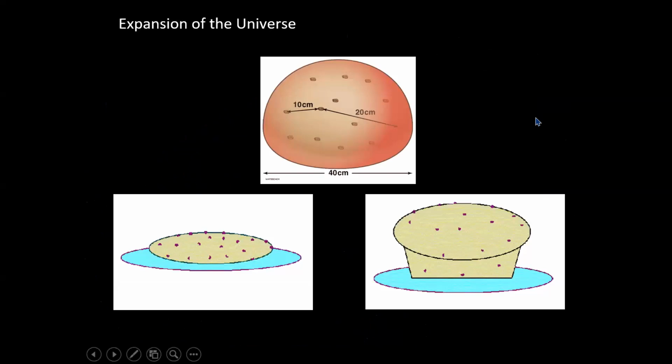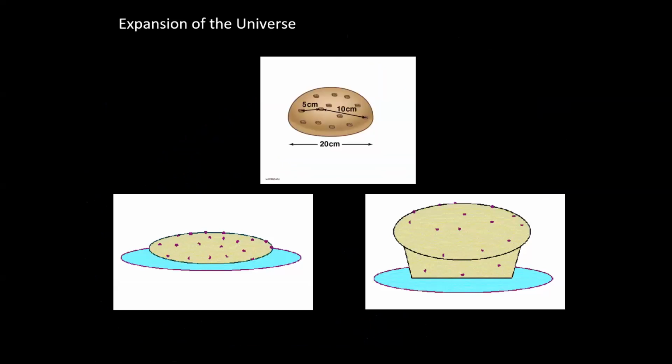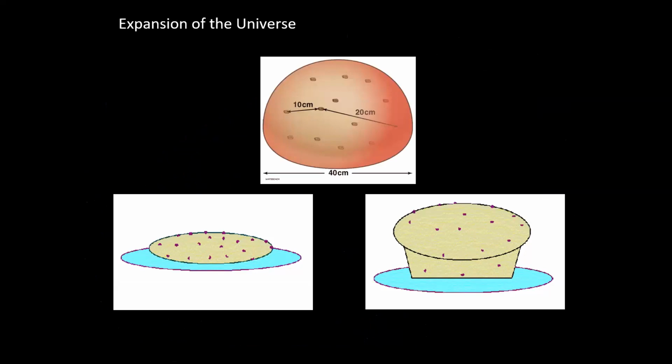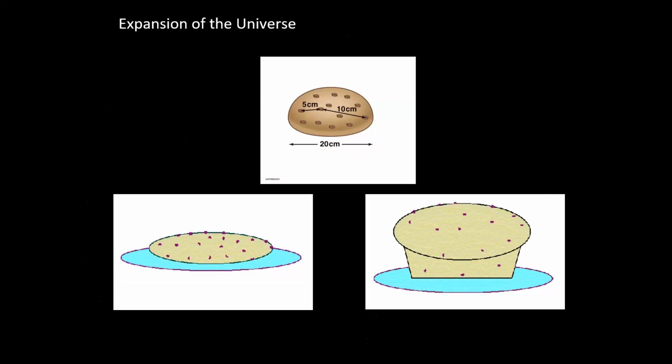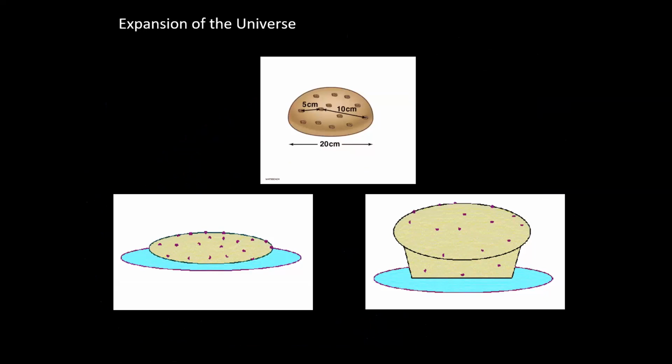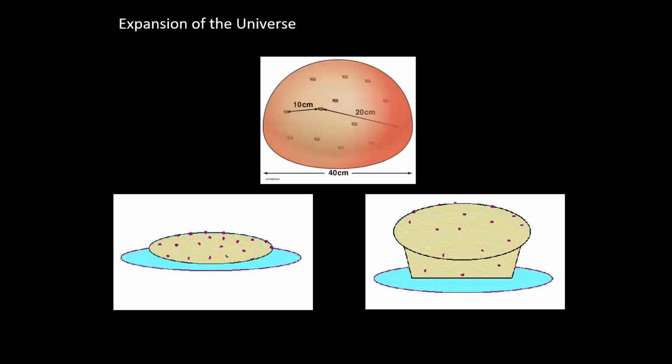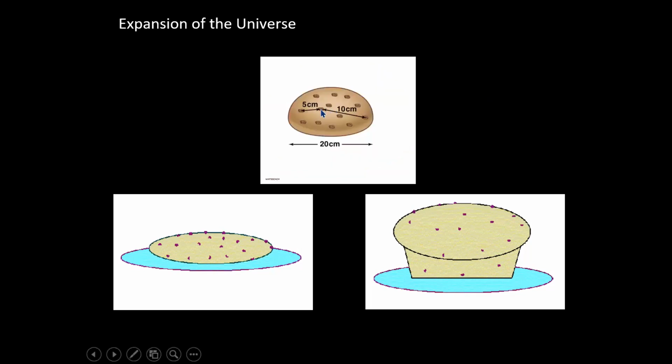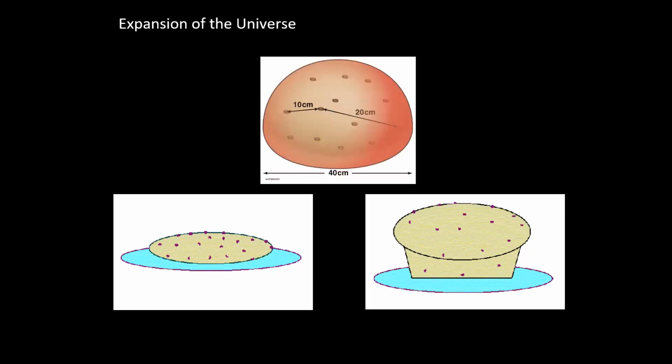Now, you've all heard it said that space is expanding. What do we mean by that? What we mean by that is shown in this cartoon, which is a cartoon animation of a piece of raisin bread dough that's set out to rise. And imagine that you are sitting on one of the raisins while the dough is rising. What would you see?